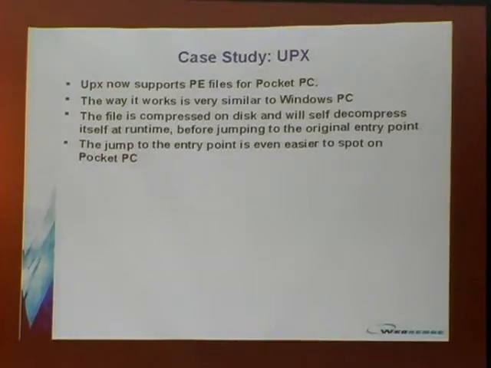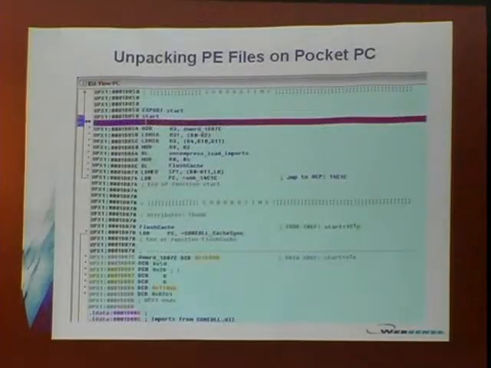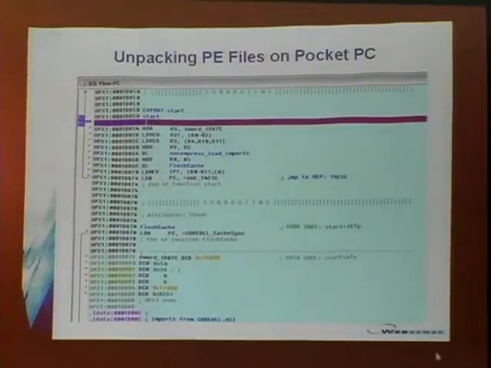On the other hand, the jump to the entry point is even easier to find because it's not encrypted. You will spot it right away. You can see there the PC register will get this value, and this is the address of the original entry point.